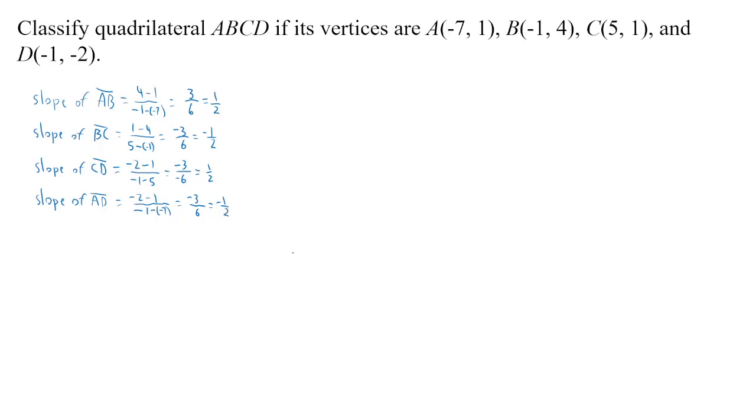So let's see what we got. Well, the slope of AB and the slope of CD are equal. Therefore, segment AB and segment CD are parallel. The slope of segment BC and the slope of segment AD are equal. That means segment BC is parallel to segment AD. So we got the two pairs of opposite sides being parallel. We have a parallelogram.